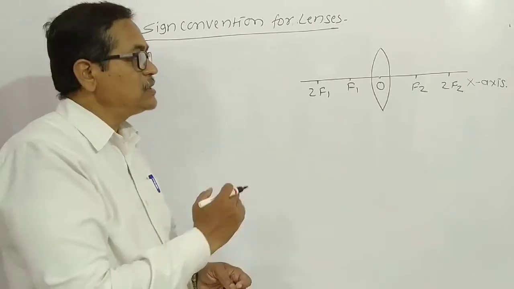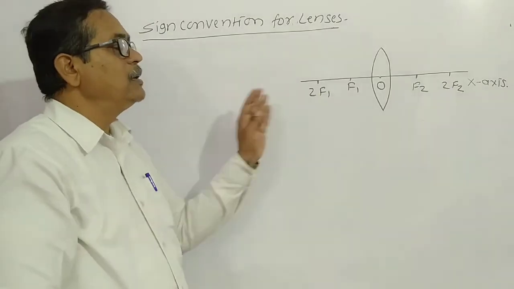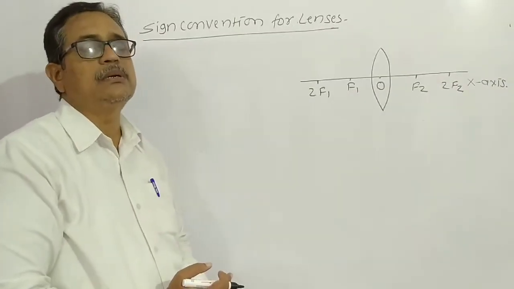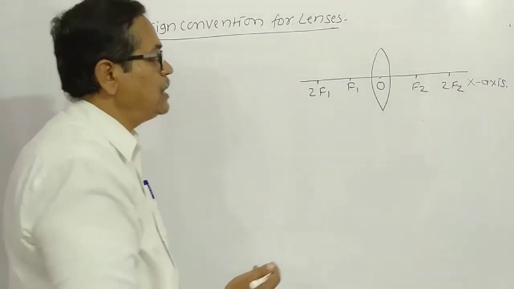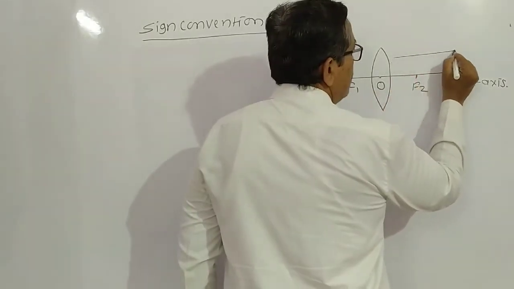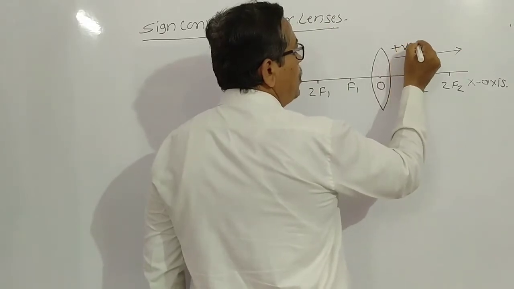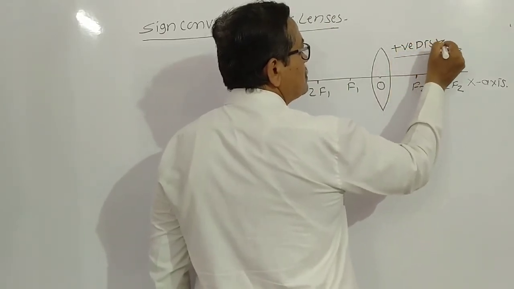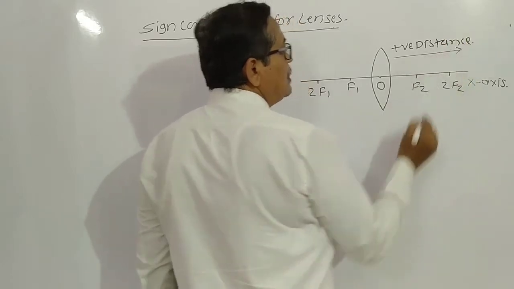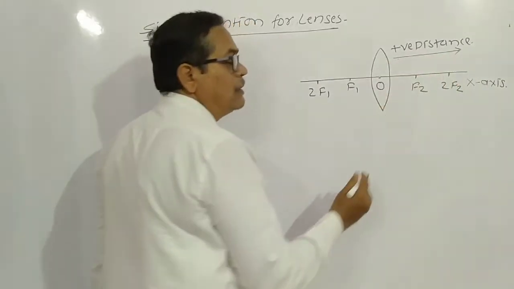We can measure the distance on the principal axis to the right side of the optical center and to the left side of the optical center. Dear student, distance to the right side of the optical center is positive distance. Look towards the arrow here.